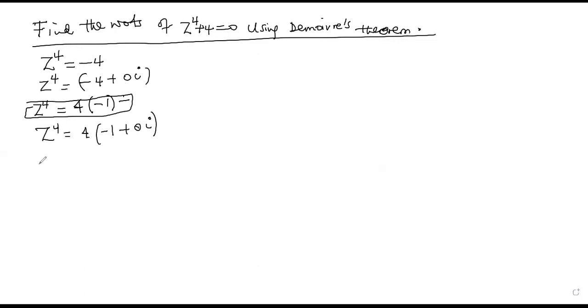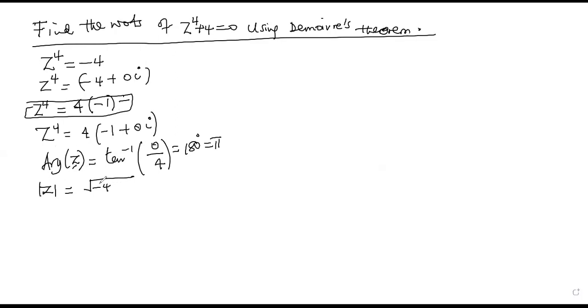So having this, I can get my argument. My argument of z would be equal to tan inverse of 0 over 4, which is 180, similarly pi, right? Then my modulus of z is going to be equal to the square root of -4 squared plus 0, which is the same as 4.